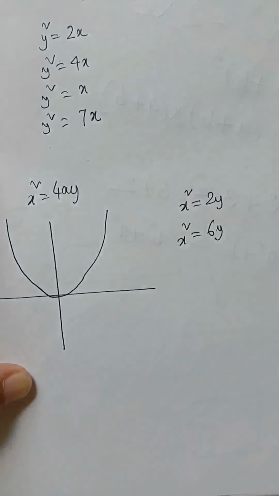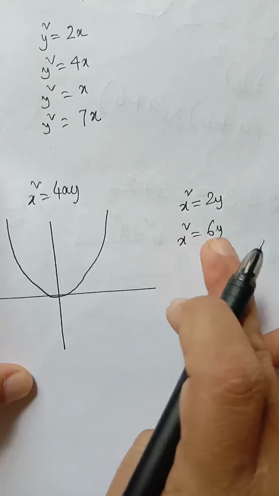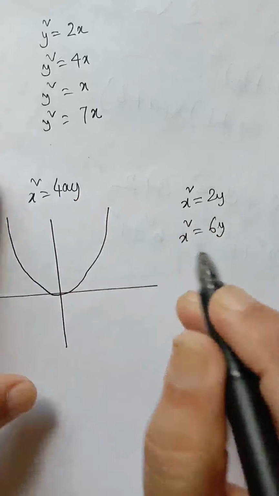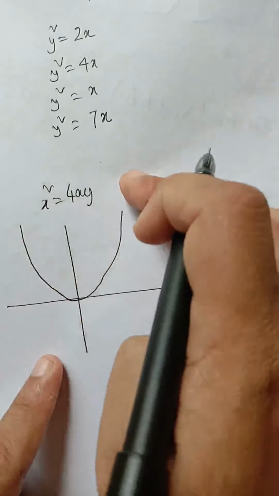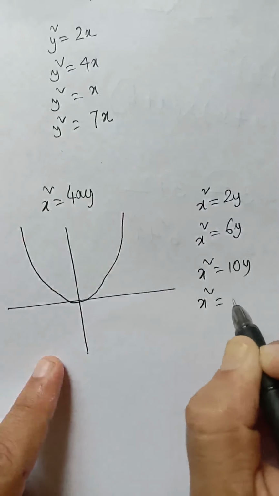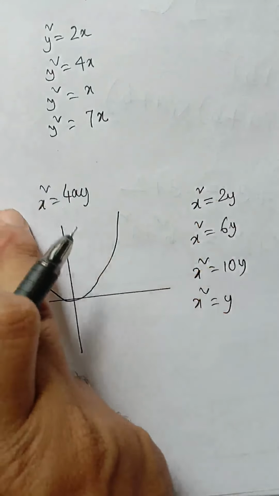X square equal to 6y is of the form x square equal to 4ay. So we will draw the graph in this way. For any equation of this type, we will draw the rough sketch in this way. Okay, x square equal to 10y, x square equal to y, all these are of this form. So their rough sketch will be exactly like this.